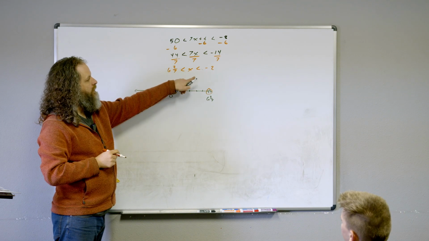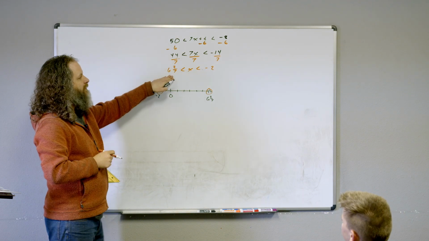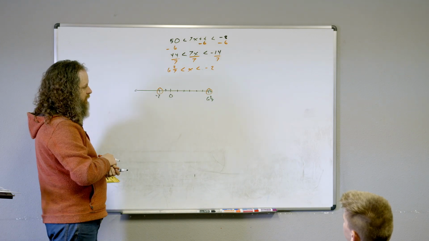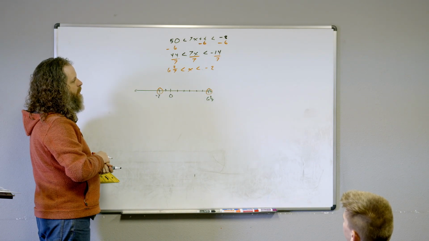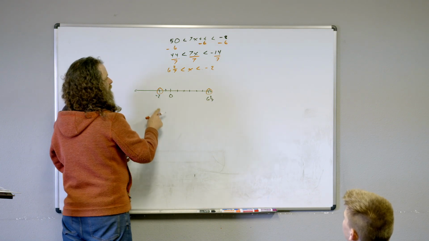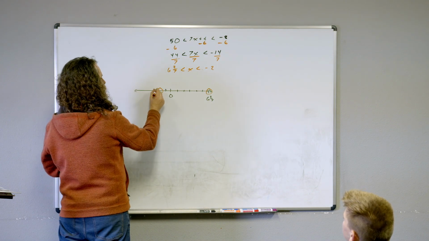X is greater than 6 and 2/7 and less than negative 2. So where are we going to shade? Inside. Wait, look. It's greater than this one and less than this one.